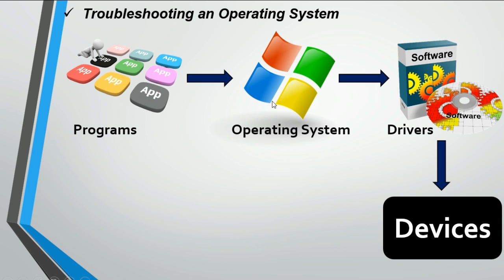Okay, so the operating system is Windows, and the programs are the applications that you install after you set up your operating system, and the drivers are the interface or the bridge between the operating system and devices. The devices cannot be operated correctly if you don't have drivers. Each device has its own driver.